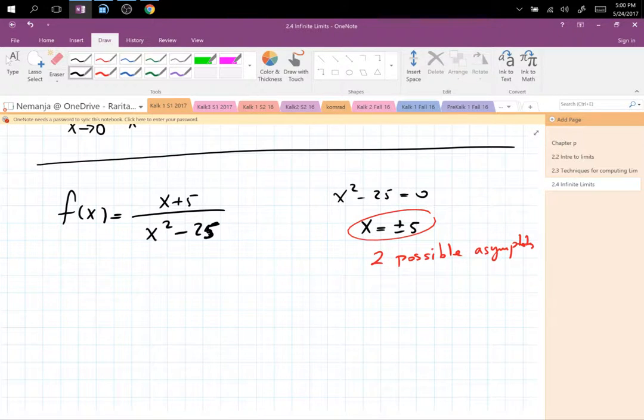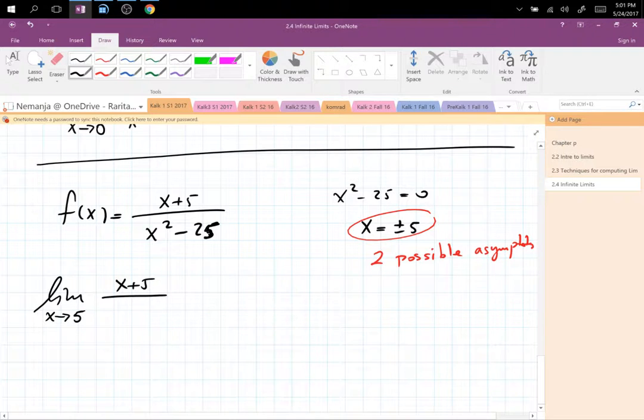See, in pre-calc, we kind of stay away from these types of problems because you don't have tools to check. The tool to check is the limit. So now we say, all right, let me see. Limit as x goes to 5. Is this a vertical asymptote?